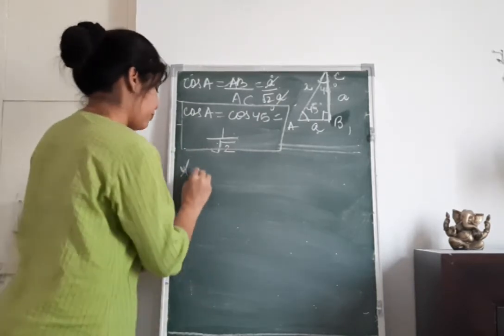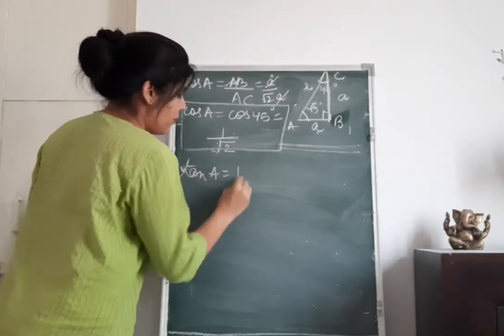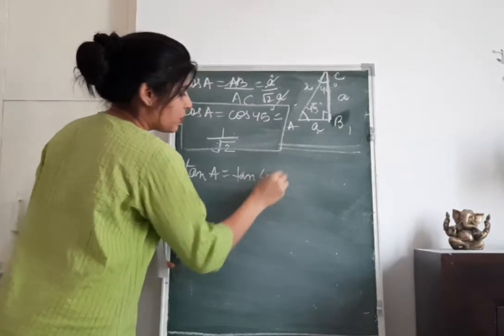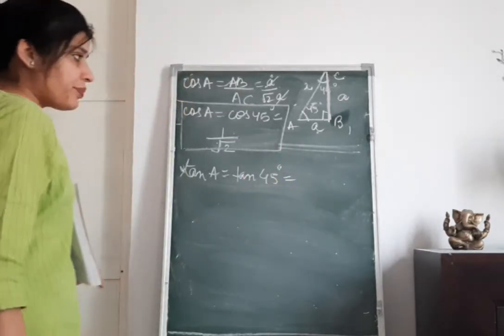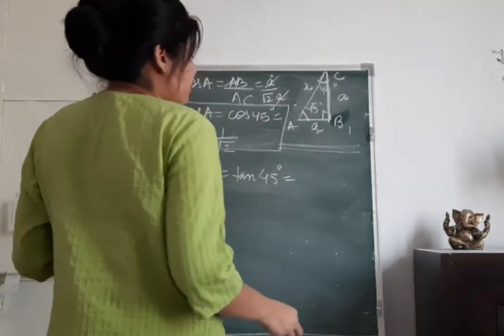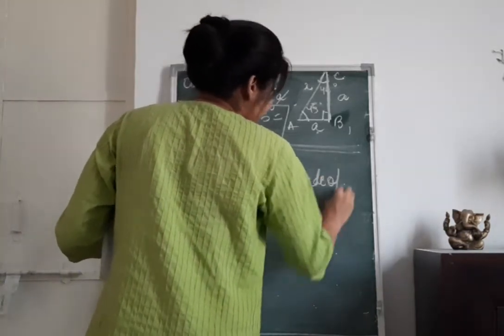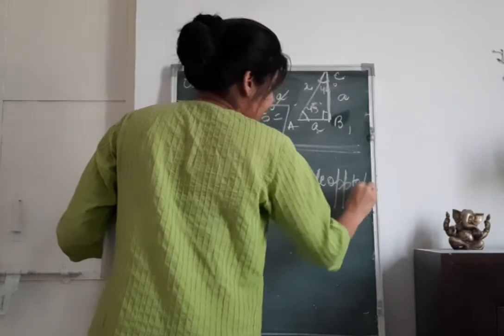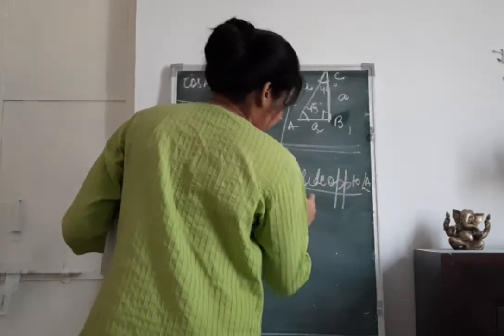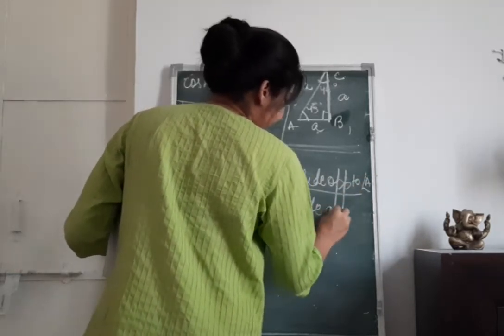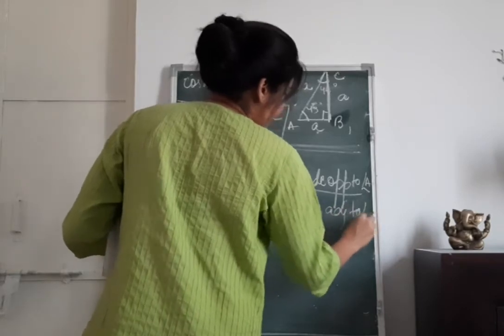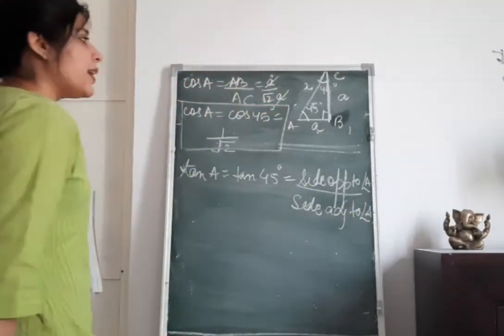Tan A or tan 45 degree will be equal to what? Tan A will be equal to side opposite to angle A upon side adjacent to angle A. Which side is opposite to angle A?